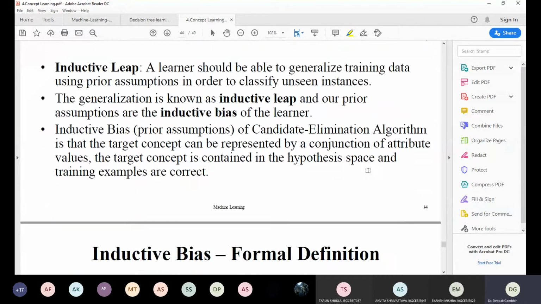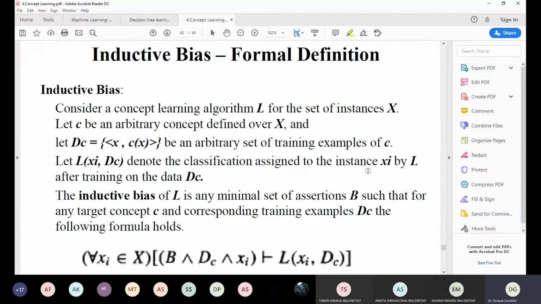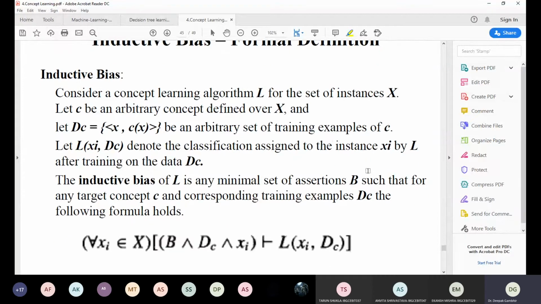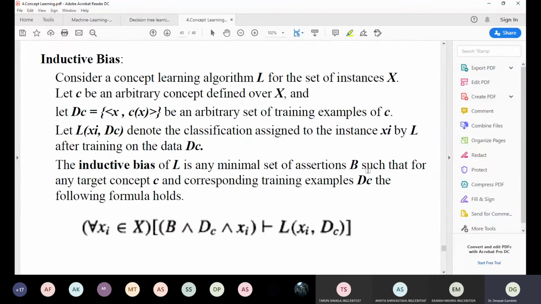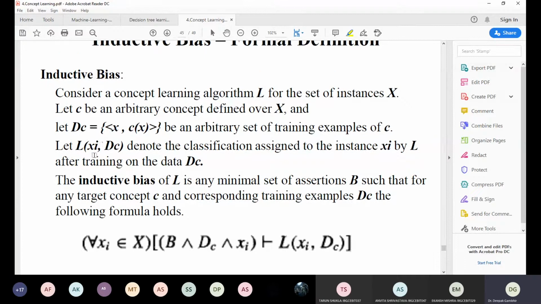So in that case, we introduced the term inductive bias. With inductive bias, while taking consideration of all the inputs, we can inductively deduce the learning algorithm by the disjunction.